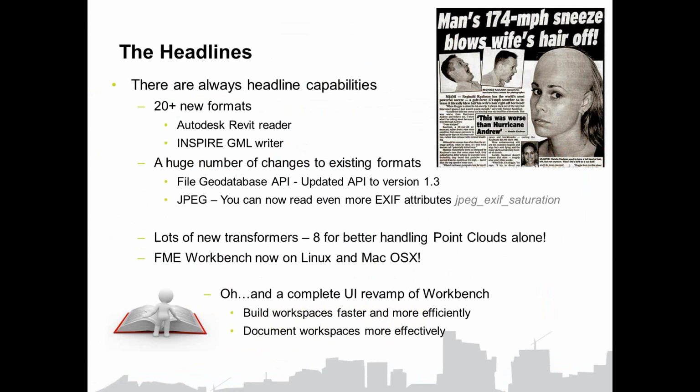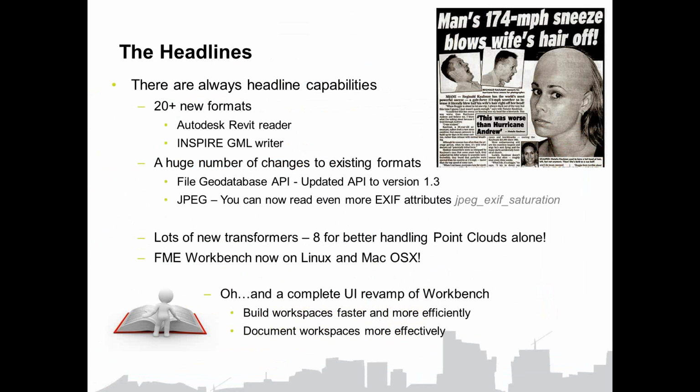These are essentially metadata attributes that store information about the image. So smartphones that take photographs store EXIF information, which includes latitude and longitude. You can then position those in the right place. A whole raft of new EXIF attributes are now available, like saturation and color values.